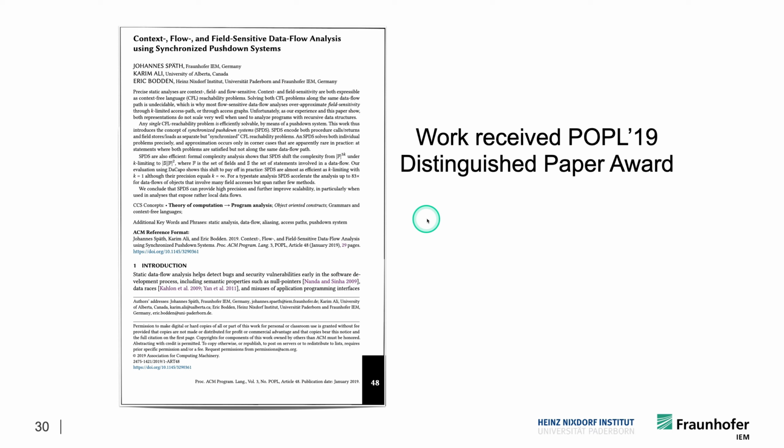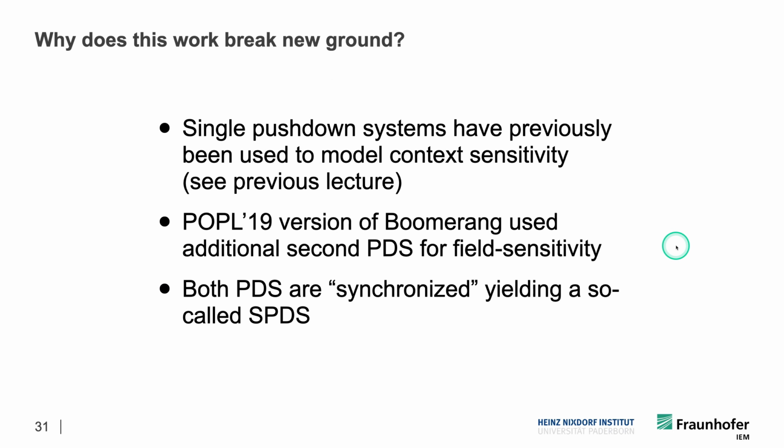As I will later show you, though, there's still a bit of approximation that we have to do in some place, but that typically doesn't hurt you very much. I'll explain to you what that looks like and why that is. But why did we get this distinguished paper award in the first place? So the point is that we almost solved a problem that is known to be unsolvable.